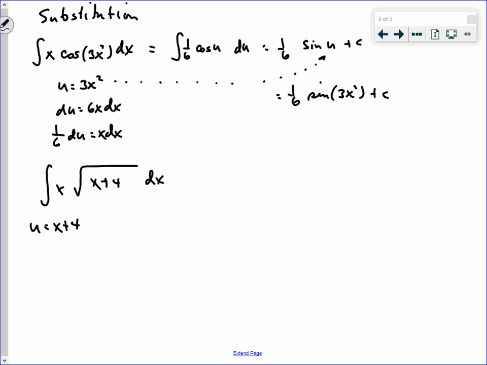Let u be x plus 4. Then du is just plain old dx. That's good. And the x out in front is, if u equals x plus 4, then u minus 4 equals x. You can't mix your variables, so you've got to write it like that.